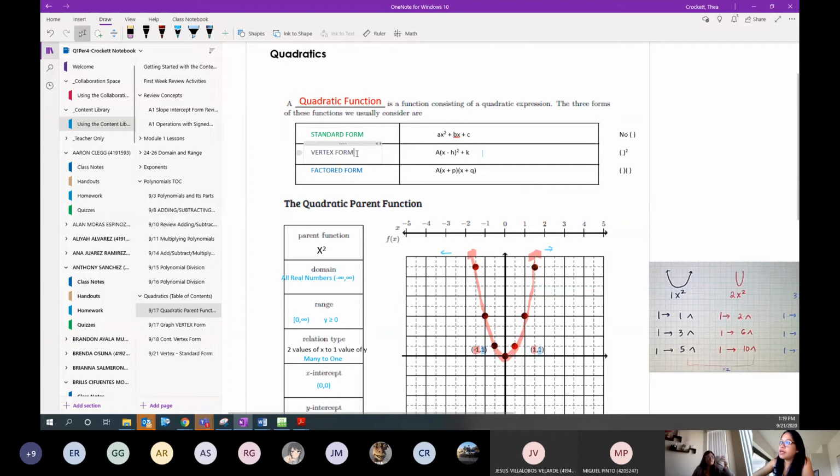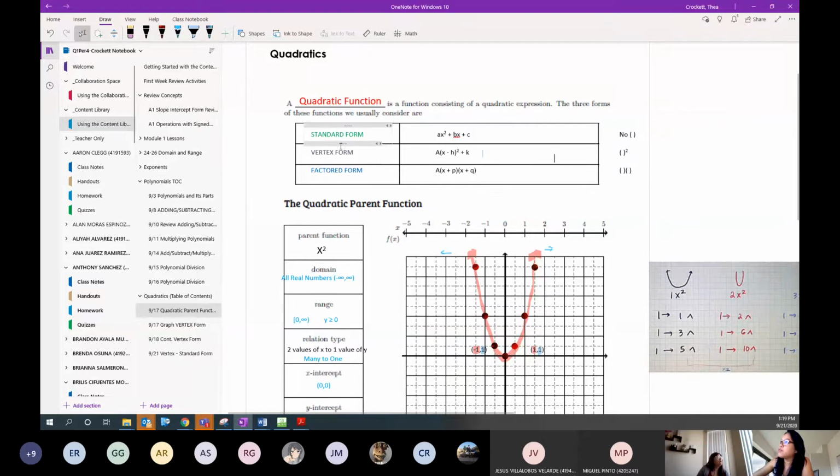And last week we did the vertex form, and we get the vertex from the h, k. Okay, now we're moving on to standard form, and standard form is the first one. The only difference between these two is the vertex form has a parenthesis and a square, and the standard form doesn't have any parentheses.